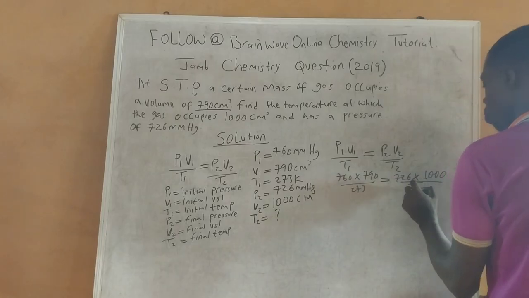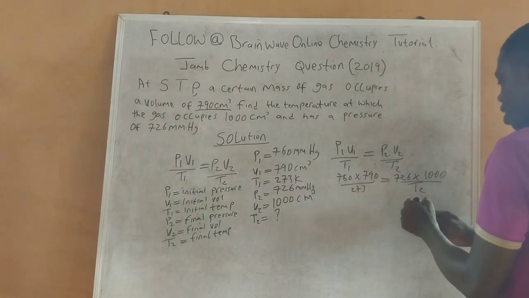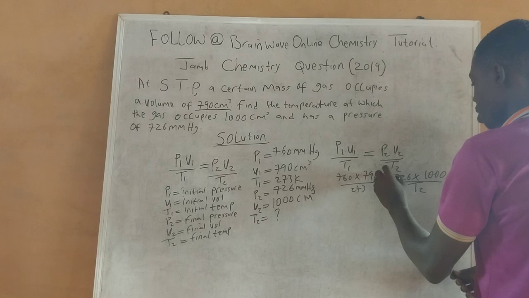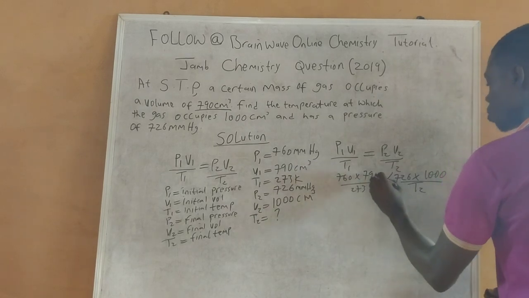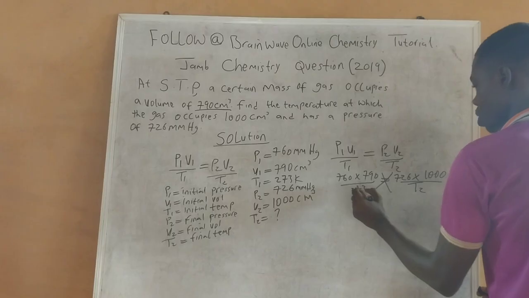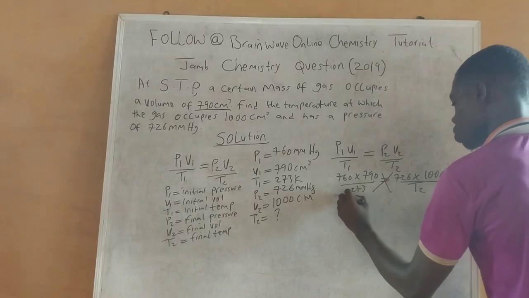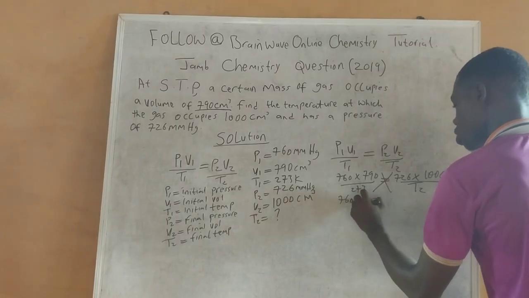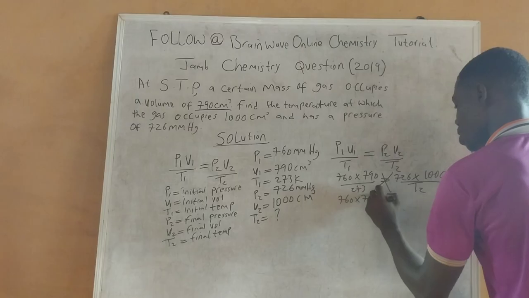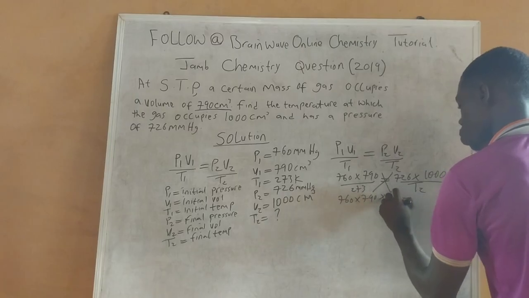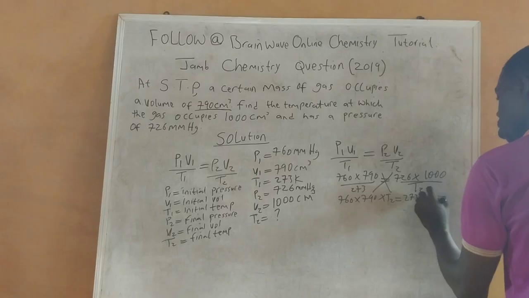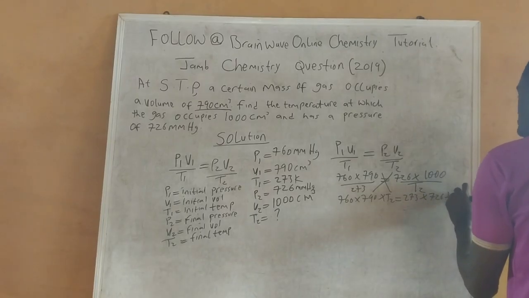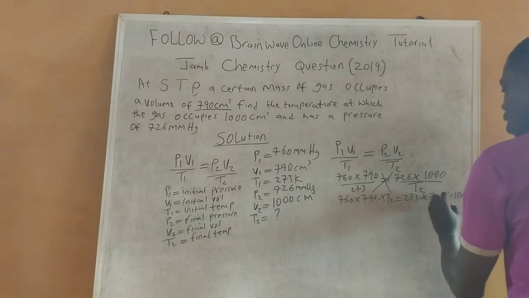We're looking for T2, so just put it back. Now, at this point, we're going to cross multiply. So it will be all these values up times this one down. So it will be 760 times 790 times T2 equals 273 times 726 times 1000.